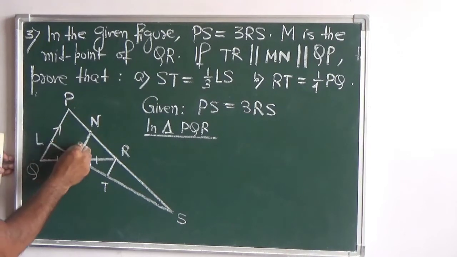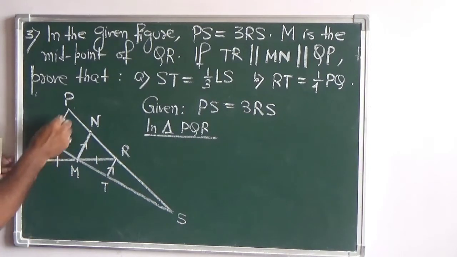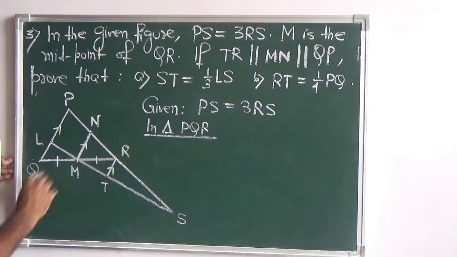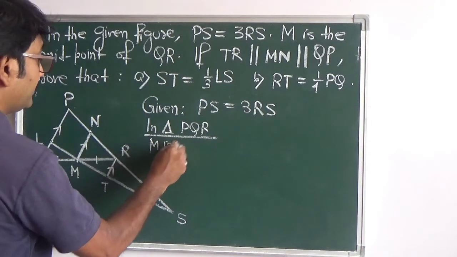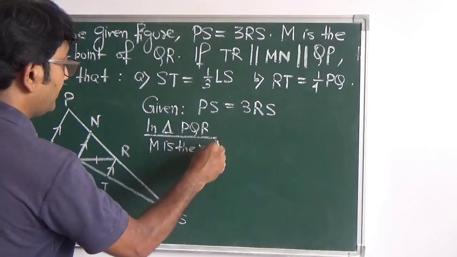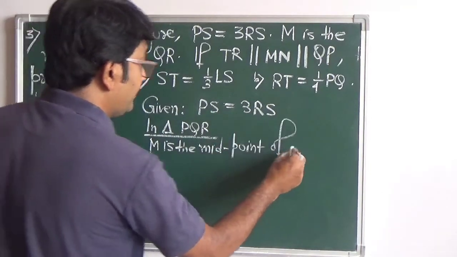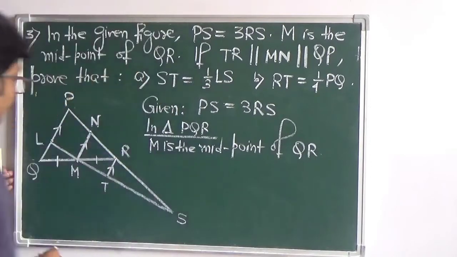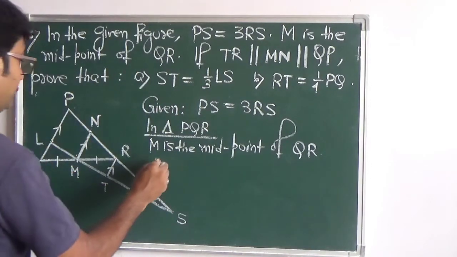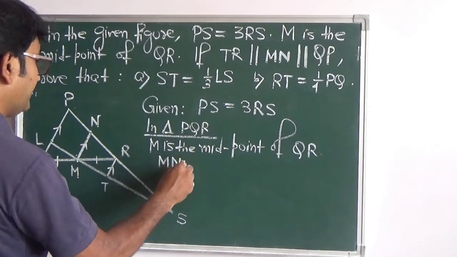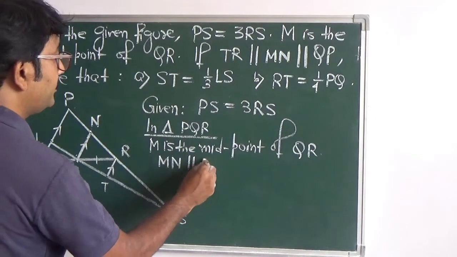That means these three are parallel to each other. So in triangle PQR, M is the midpoint of QR, and also MN is parallel to QP.